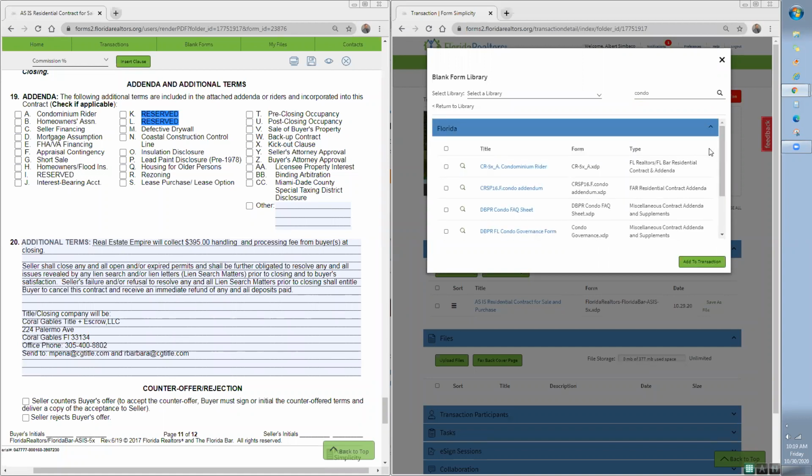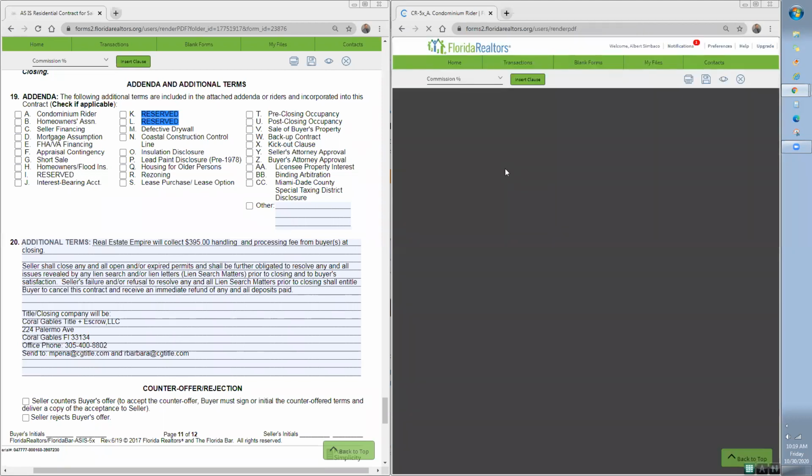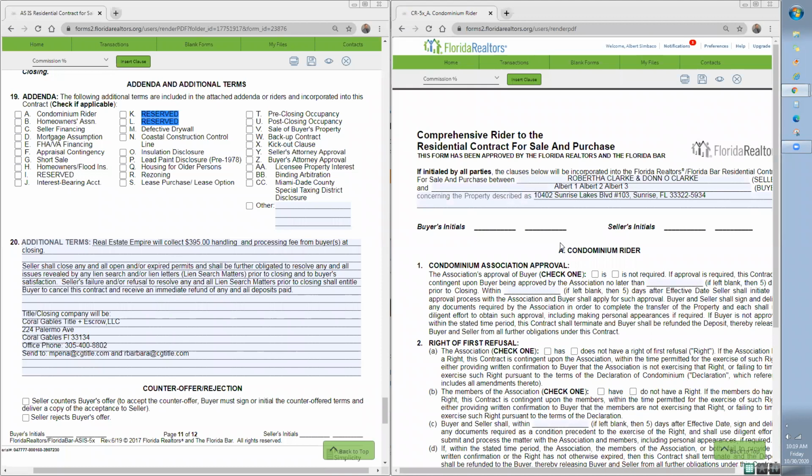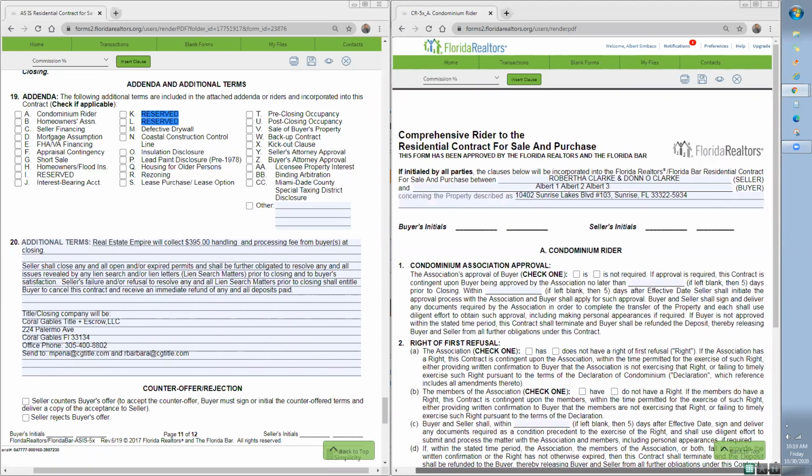How you know it is the exact document is by the letter that's in front of it. So condominium rider, letter A. You'll notice here, this one says condominium rider, letter A. All of them will have the letter in front of it so that you can select the correct one. So this is the condominium rider.